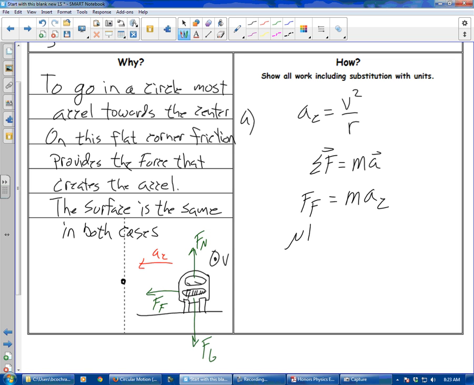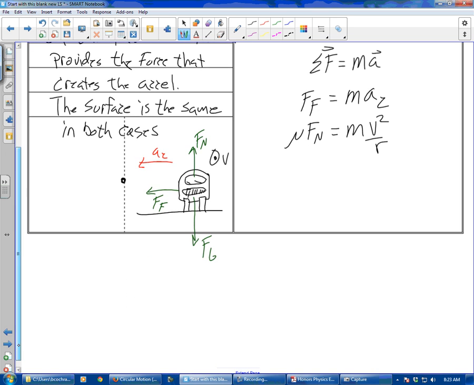My frictional force would be mu times normal force, equals m a_c, which would be v squared over r. Mathematically, one more substitution. The normal force is up. It's going to be equal to the weight, which would be mg, equals mv squared over r. The m's cancel out. That's why the size of the car doesn't matter. And you're left with mu times g is going to equal v squared over r.